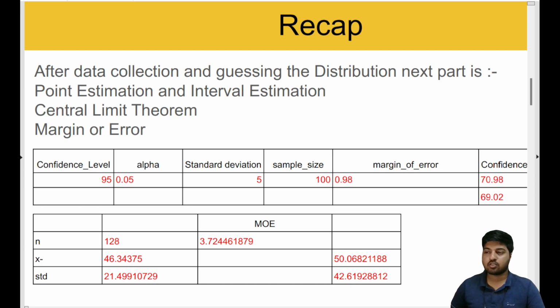Let's recall the distributions. Which probability distributions do you remember? Binomial, Poisson, normal distribution, uniform distribution.